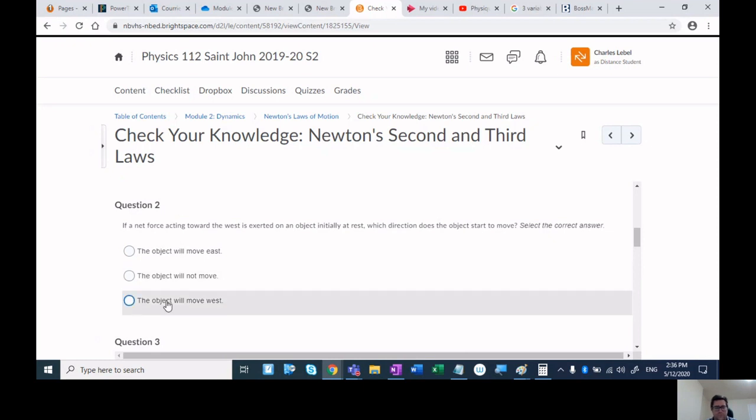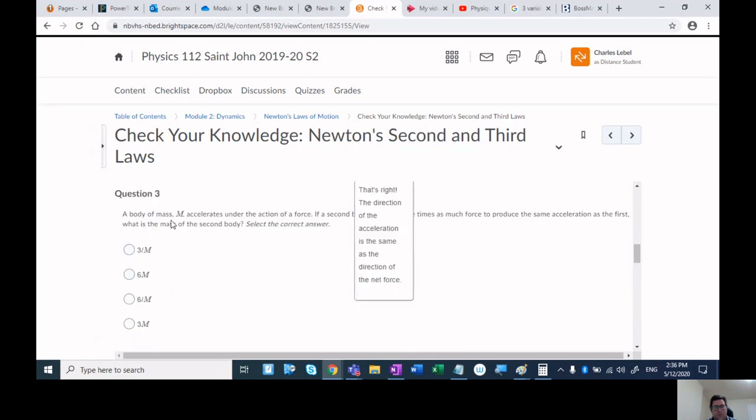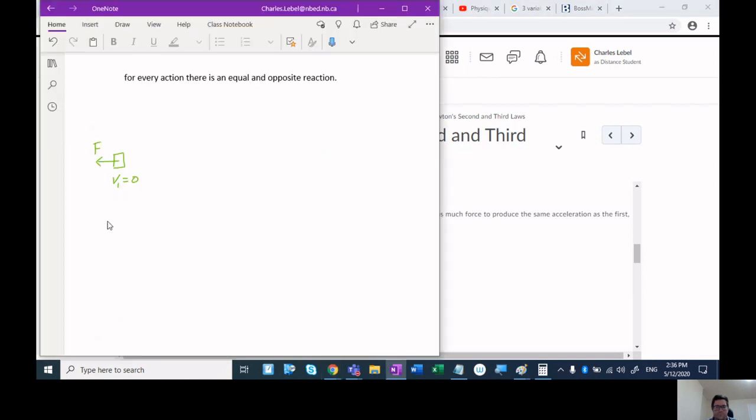Well, west. A body of mass M accelerates under the action of a force. Okay. A body of mass M accelerates because there's a force.